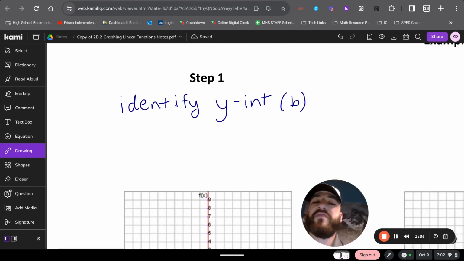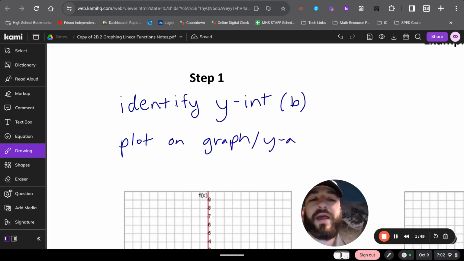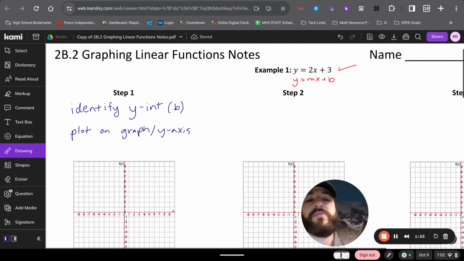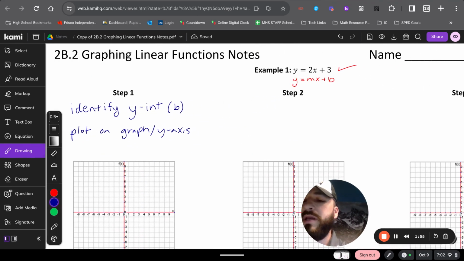And then once we identify that y-intercept, we're going to plot it on our graph at the y-axis. So let's look at our function. We have y equals 2x plus 3.